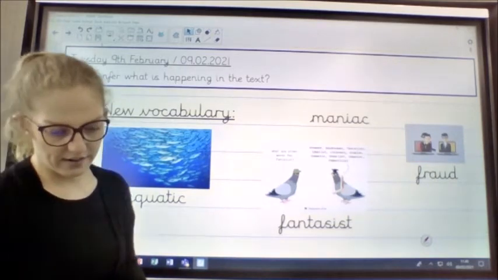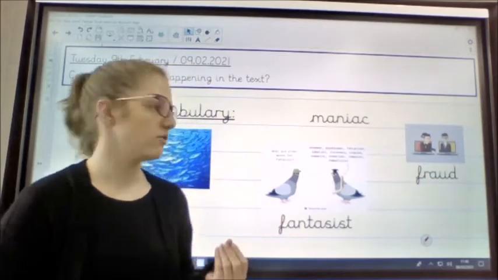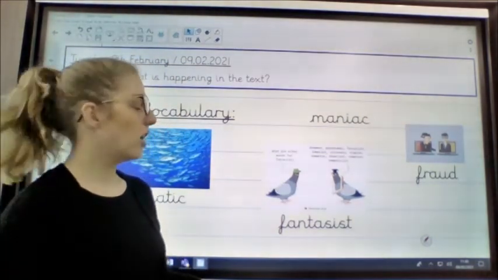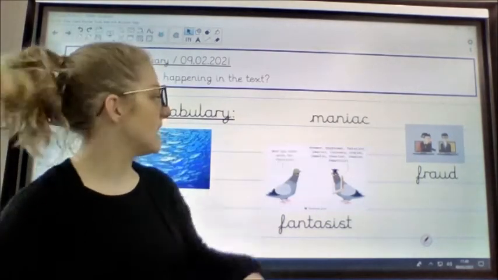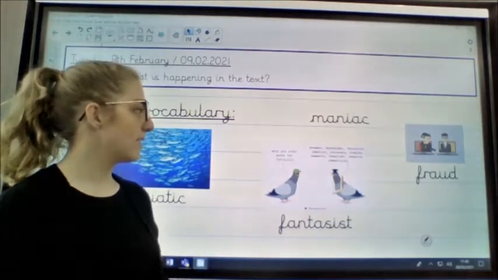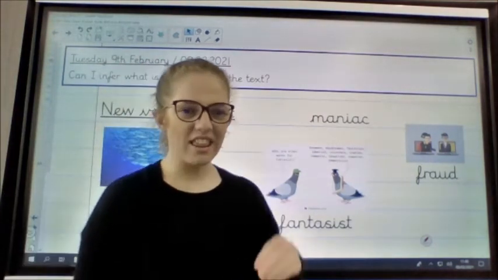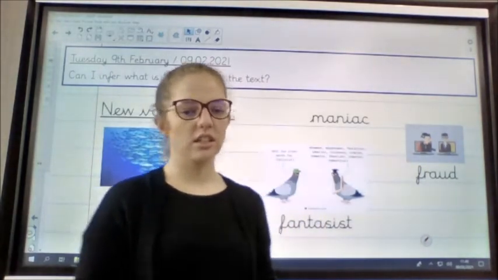Okay, now a fantasist is someone who thinks imaginary things are real. So I've got a pigeon here that is saying, what are other words for fantasist? Dreamer, daydreamer, visionary, romancer, romantic, idealist, someone that thinks imaginary things are real, so uses their imagination a lot.